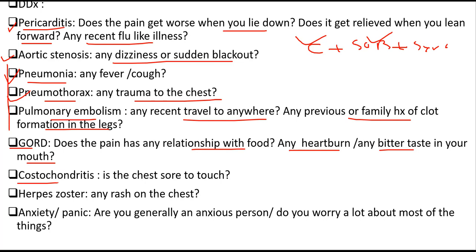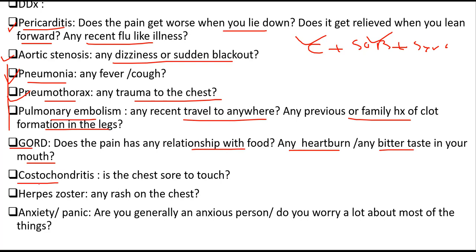You can ask, did you do any heavy lifting, any unusual exertional activities recently? Because that might be a cause of musculoskeletal chest pain. For costochondritis, you can ask, is the chest sore to touch? In costochondritis, the costochondral junction becomes tender, and sometimes even a tender swelling can be found. So when you press the chest, it will be sore to touch.